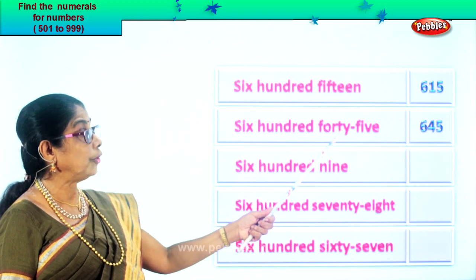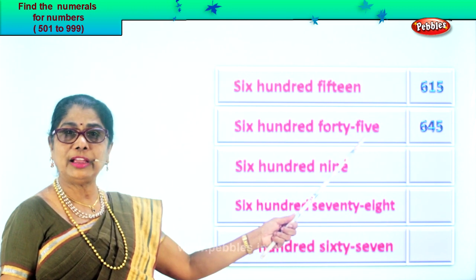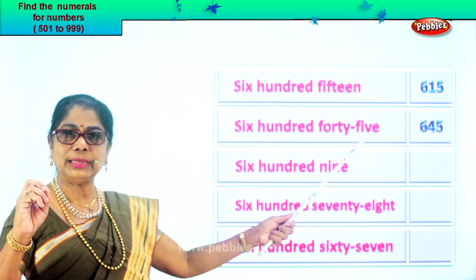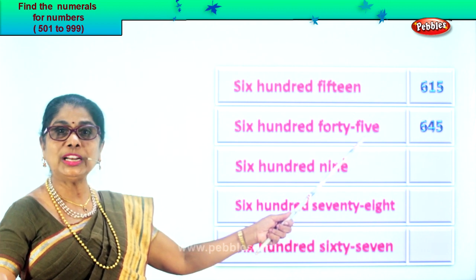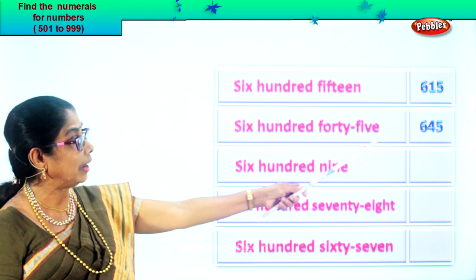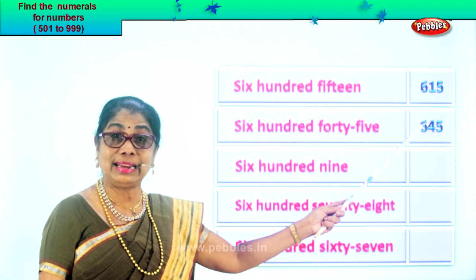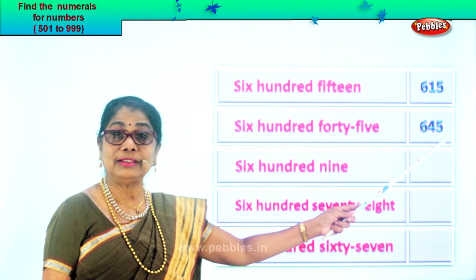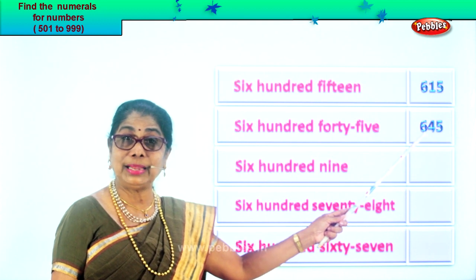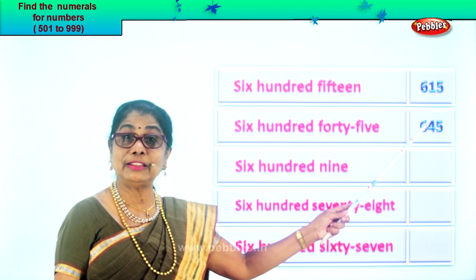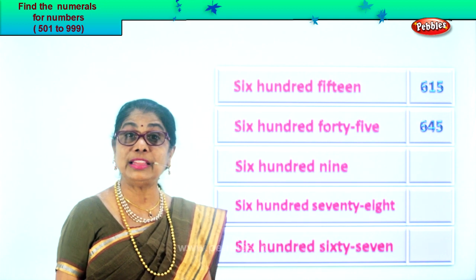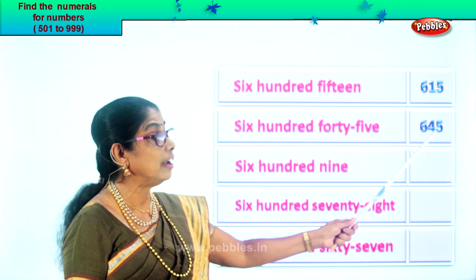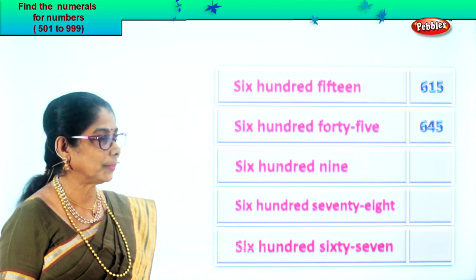Then you have 45. 45 is 4 in the 10th place, 5 in the 1st place. 6, 4, 5. That's what we got here. 645. Good. Next.